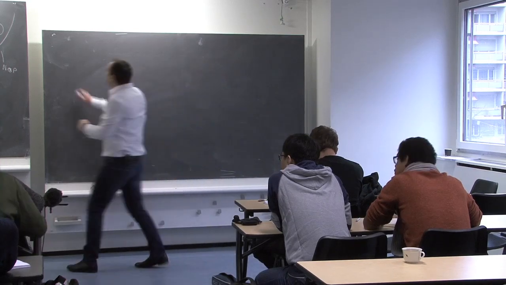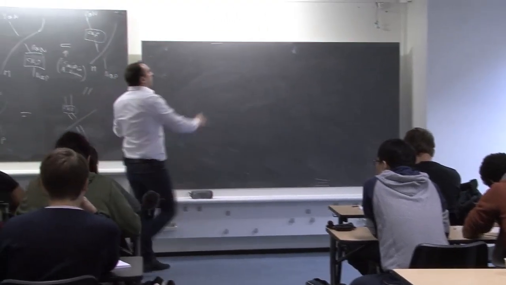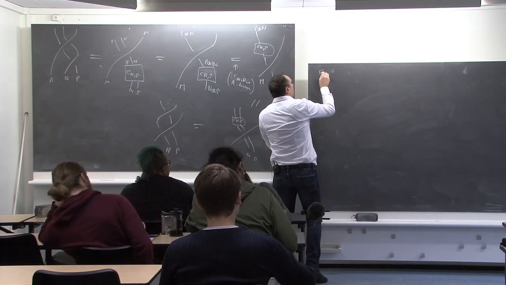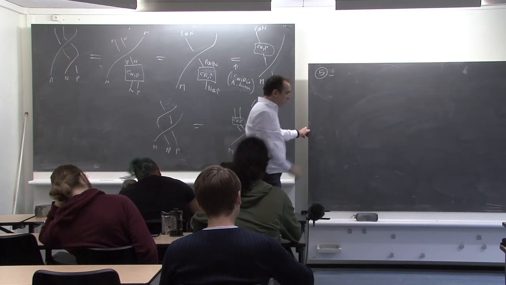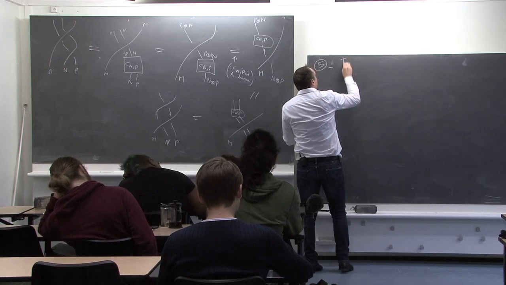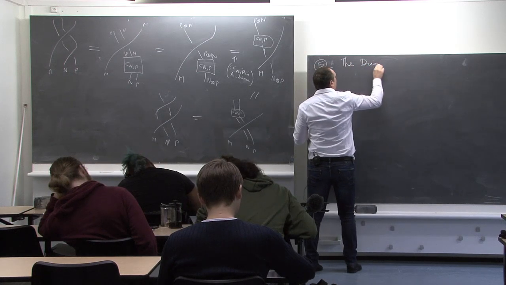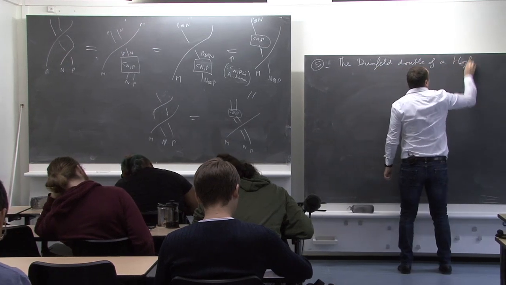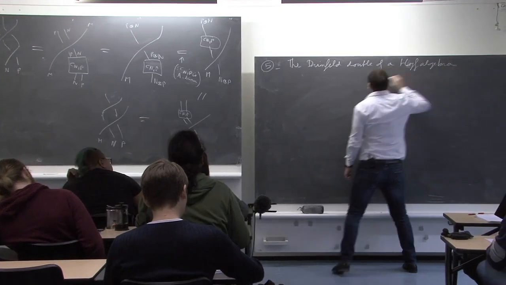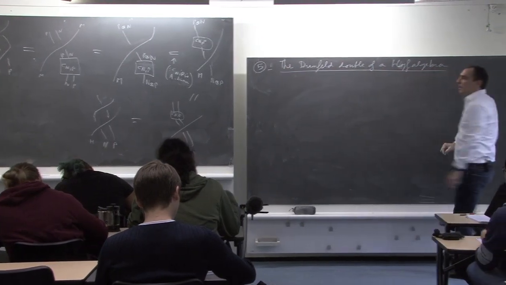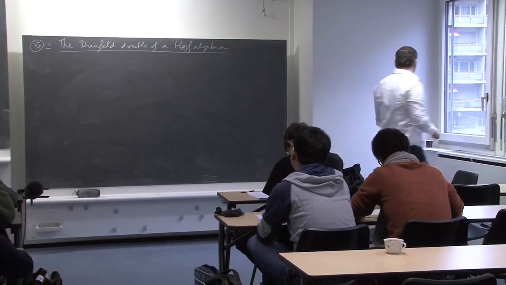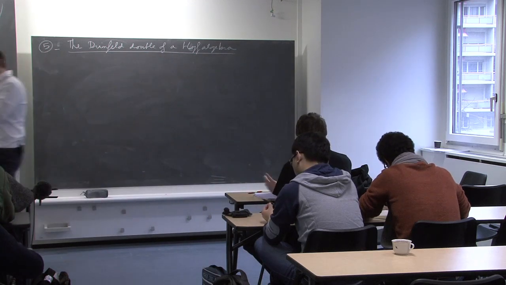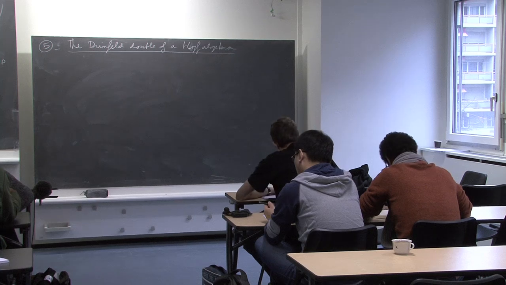And now I will explain this. I do not remember the number, maybe this is 5 or 6, I don't know. And we will see what is the Drinfeld double of a Hopf algebra.